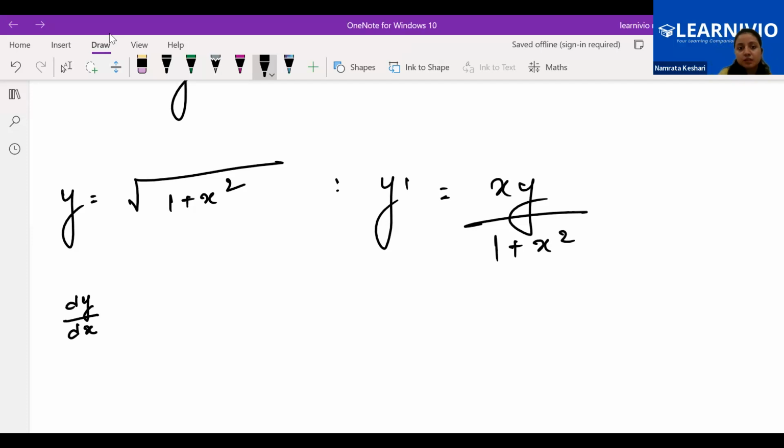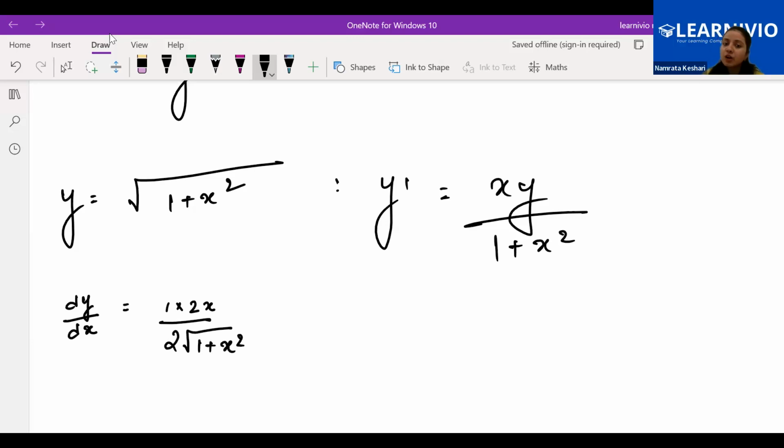First tell me what you have written. 1 into 2x, divided by 2 root 1 plus x square.